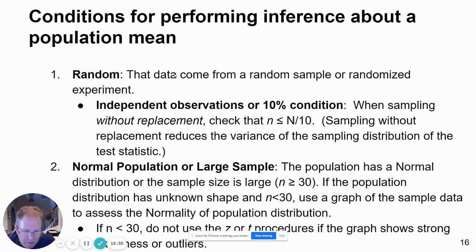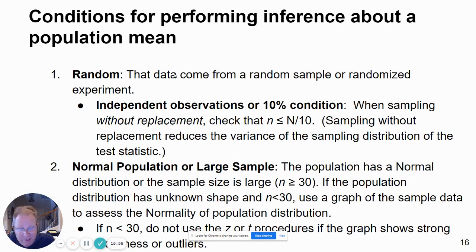A normal probability plot might work as well. Once you graph it, you're going to look to see whether the graph shows strong skewness or outliers. If the sample size is less than 30, do not use a Z or a T procedure if the graph shows strong skewness or outliers.